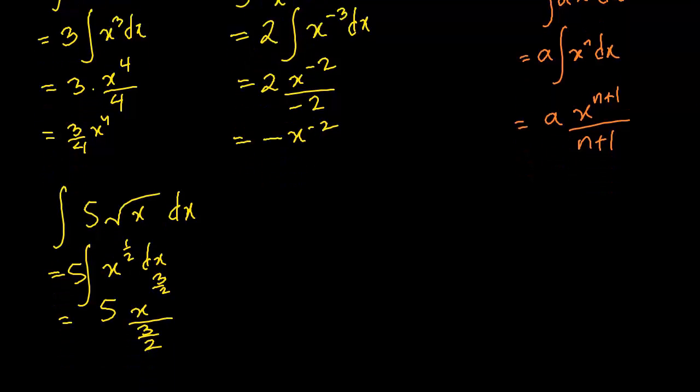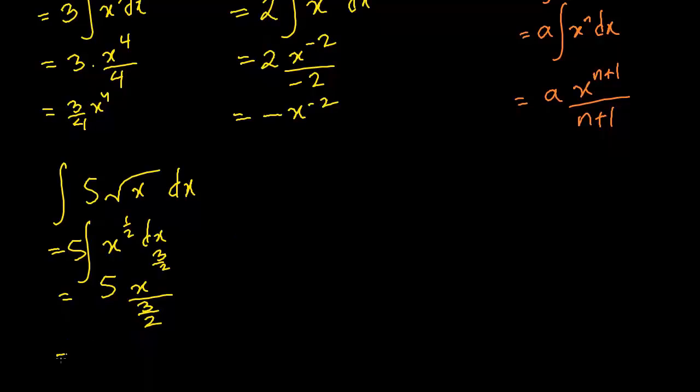That turns out to be 5 multiplied by 2 by 3, because 5 divided by 3 by 2 is 5 multiplied by 2 by 3, into x to the power 3 by 2, and the answer turns out to be 10 by 3 x to the power 3 by 2.